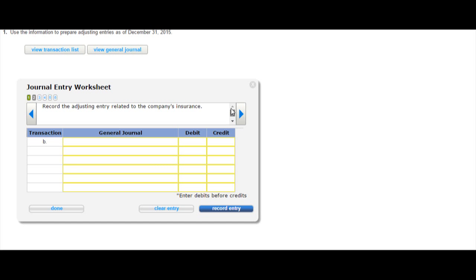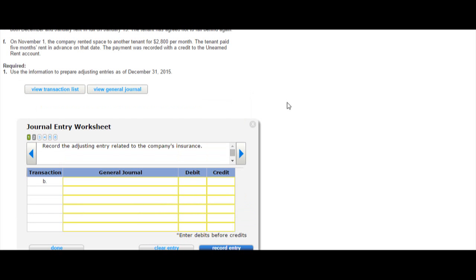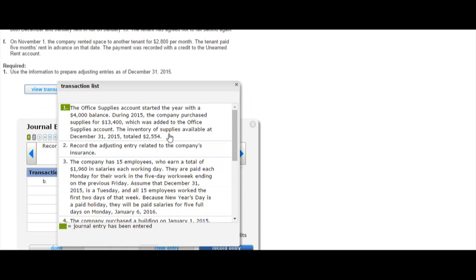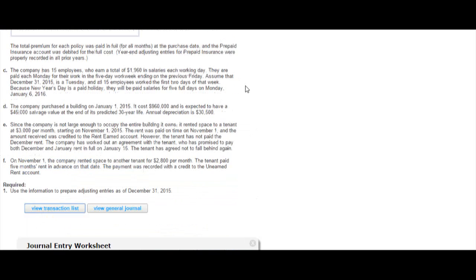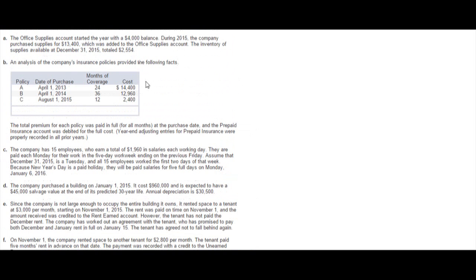For the second one, we're going to have to scroll up to the insurance. Analysis of insurance policies provides the following data. On April 1st, 2013, they purchased 24 months worth of coverage for $14,400.